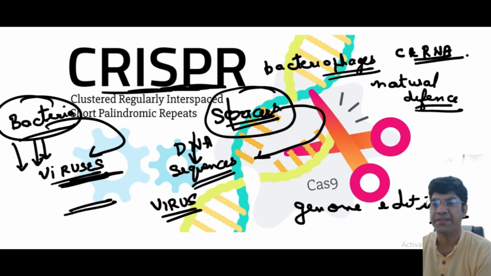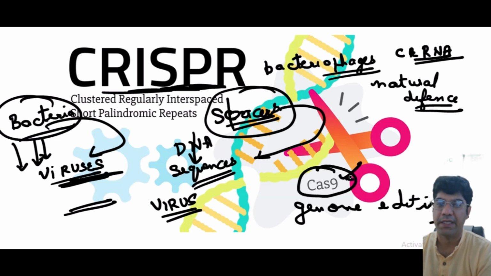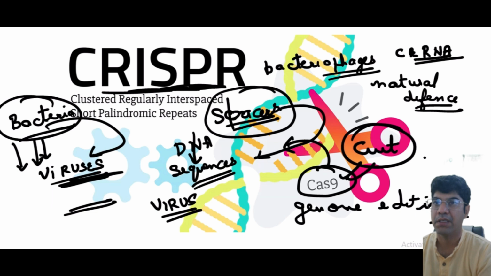So if the same virus attacks again, this crRNA guides a protein known as Cas to the viral DNA. This Cas protein will cut and destroy the viral DNA, hence stopping the infection.